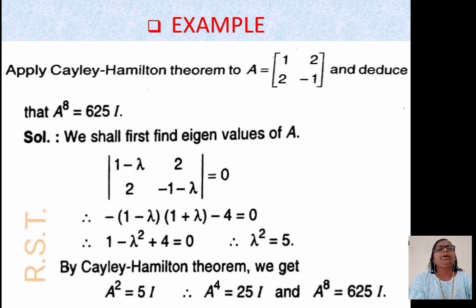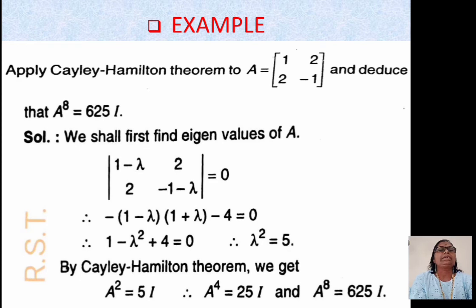Hence, we get determinant with first row 1 - lambda, 2, second row 2, -1 - lambda, equal to 0. Solve this determinant so that we get the equation as -(1 - lambda square) - 4 equal to 0, that is lambda square equal to 5, the characteristic equation of the given matrix A.